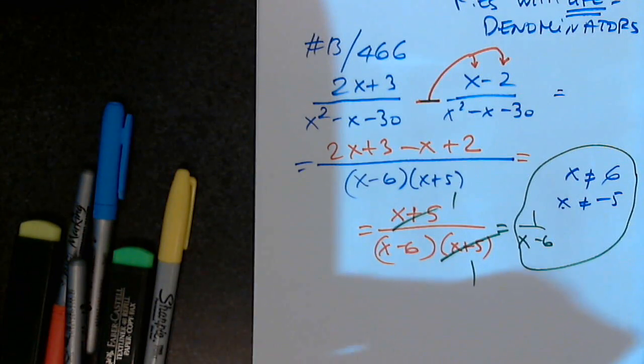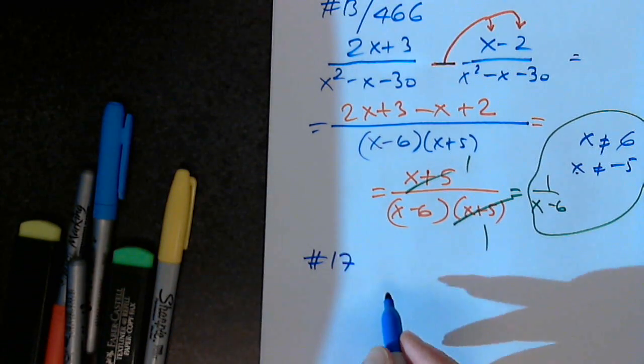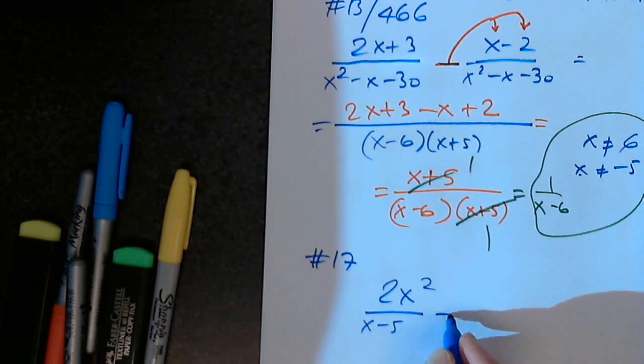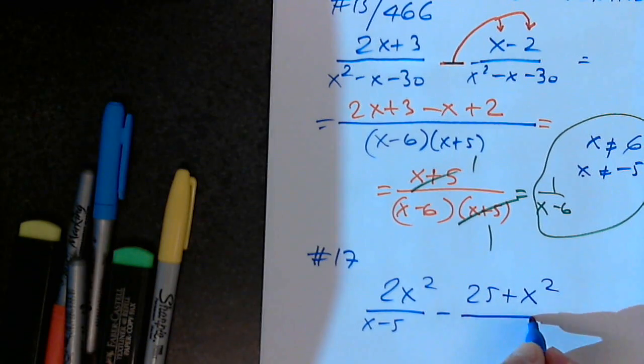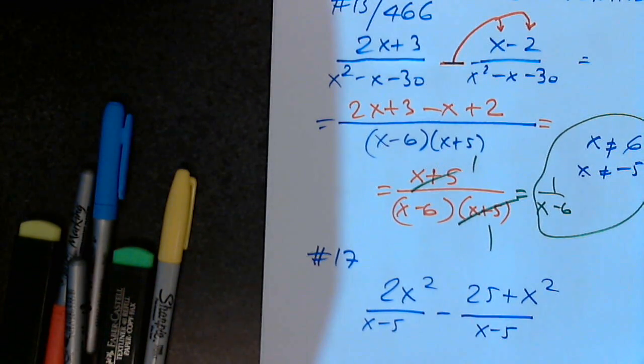Okay, let me choose a problem for you, and then we'll move on. Let's say 17. In 17 we have 2x squared, everything divided by x minus 5, minus 25 plus x squared, everything divided by x minus 5. One minute.